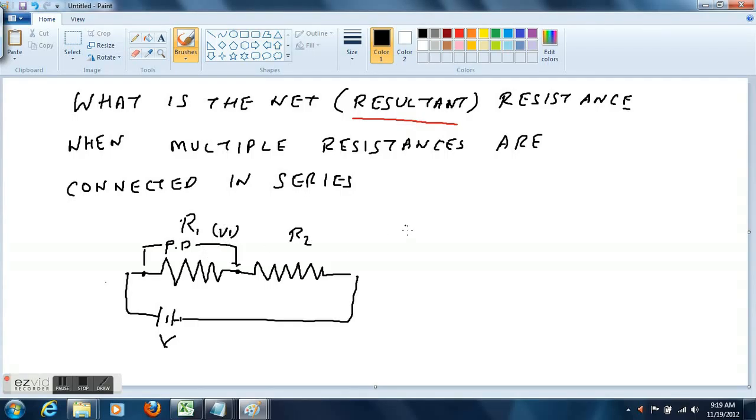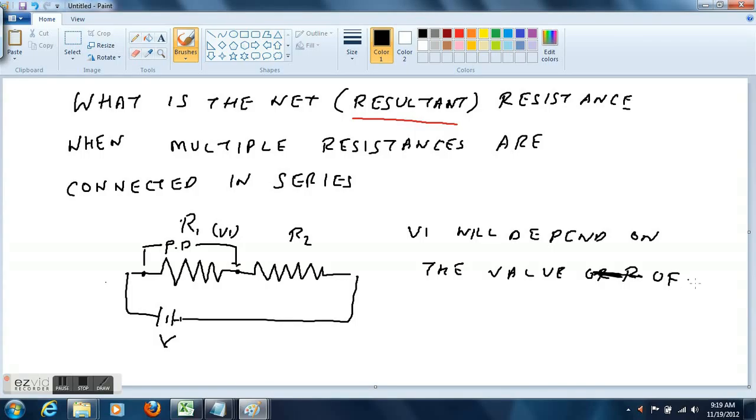If we connect a voltmeter across R1, then what will be the voltmeter reading? That is called the potential difference across R1. This potential difference across R1, that is V1, will depend on the value of R1. This is the most important thing.